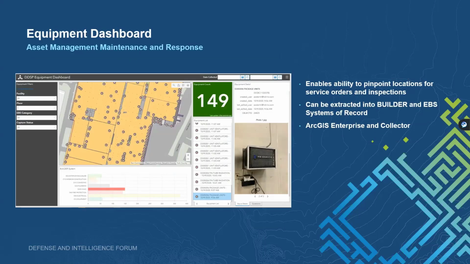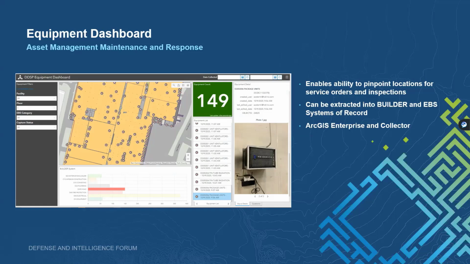What this does is bring in all the different sections and components from Builder and show them exactly where they're placed within buildings. So this is much more practical for installation management to go out there and tag a faulty HVAC unit and assign it to a worker, and then go out there and do an inspection or a maintenance fix directly on the asset itself.